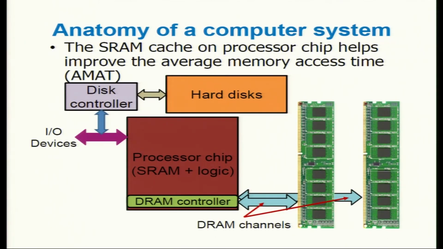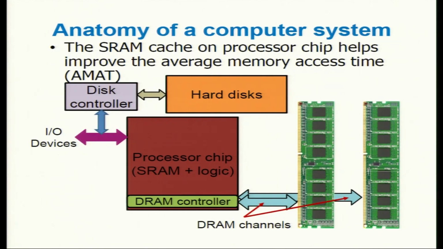And these buses that connect the DRAM controller to the cards are called the DRAM channels. These channels are extremely important because the width and the speed of these channels dictate how fast you can ferry data between the processor and this memory. So they dictate the bandwidth of the memory: how many you have, how fat they are, and so on.